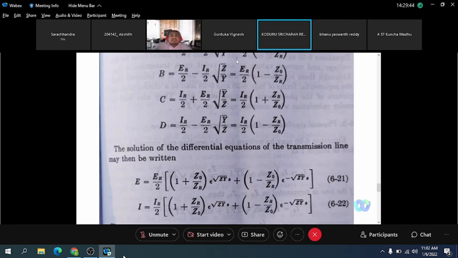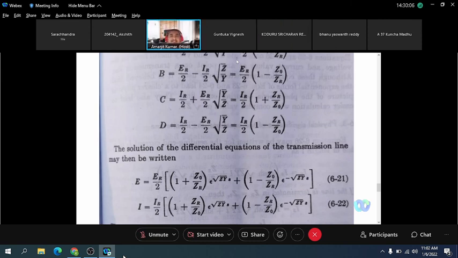That was for the network made of pure reactances. But here we are discussing in general impedance. Z1, Z2 could be anything like R1 plus j omega L. It is not pure reactive. What you are telling is true for a pure reactive network. Okay. Good.